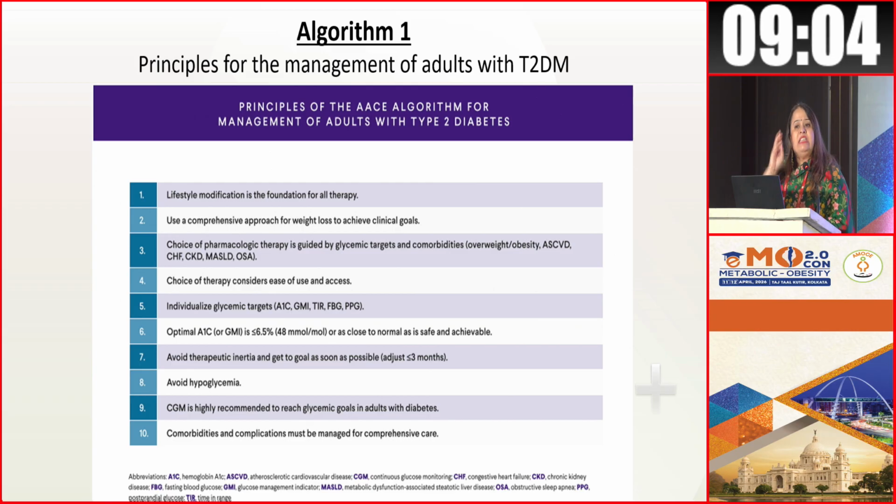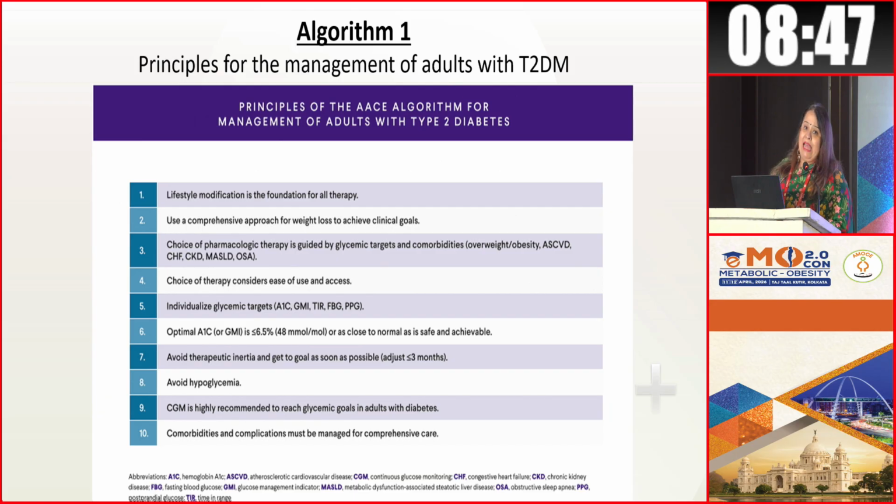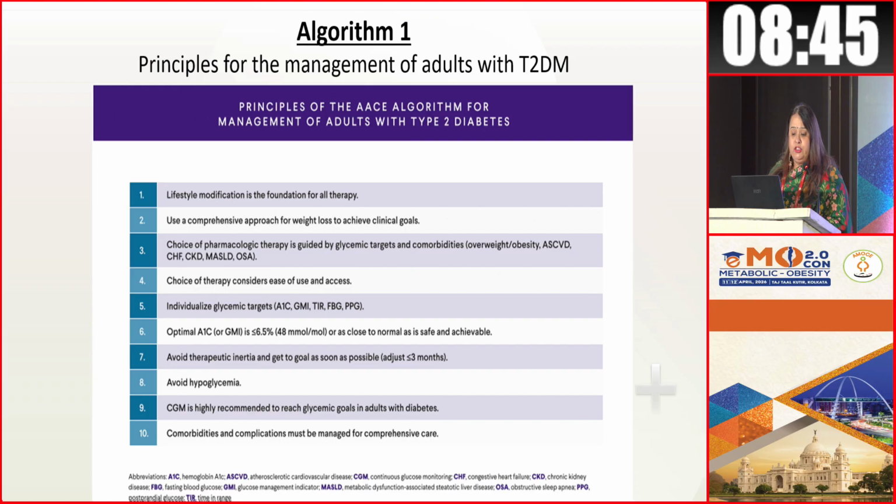Lifestyle modification is the foundation of therapy. Using a comprehensive approach for weight loss to achieve clinical goals. Choice of pharmacologic therapy guided by glycemic targets as well as comorbidities, and they are named here. Choice of therapy also considers the ease of use and access, individualization of glycemic targets, and CGM metrics are put right in there.